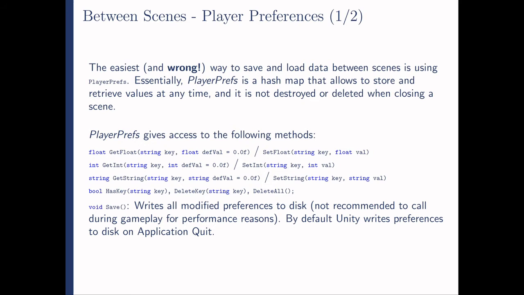So when you actually write something here, that's going to be saved in a text file. And in fact, Unity by itself saves the information that is in PlayerPrefs, even if you don't do it manually. When you actually quit the application, Unity automatically saves that into a text file.